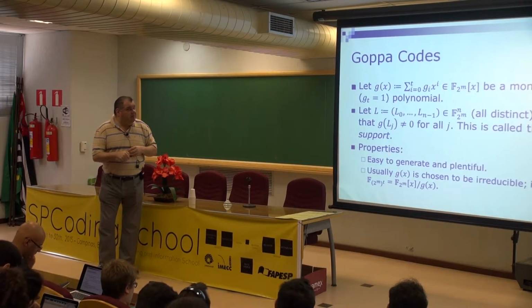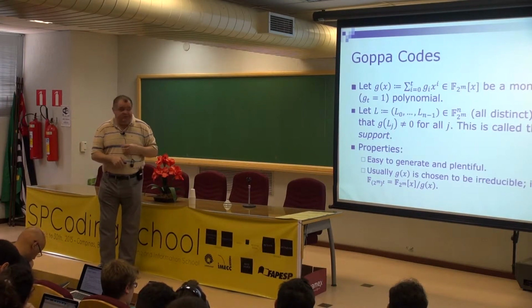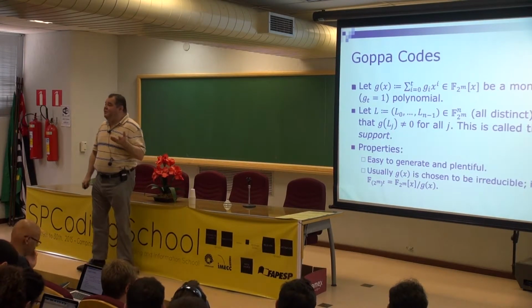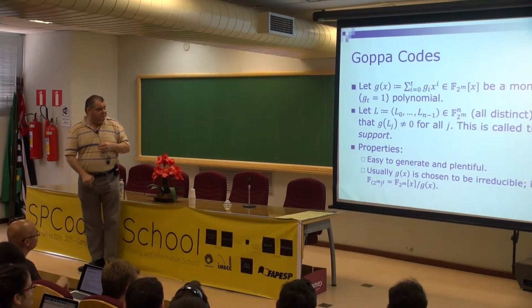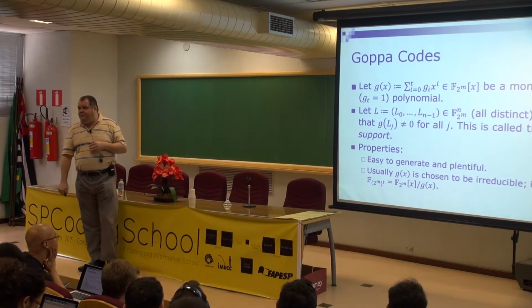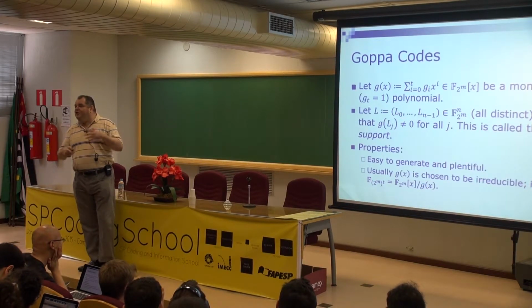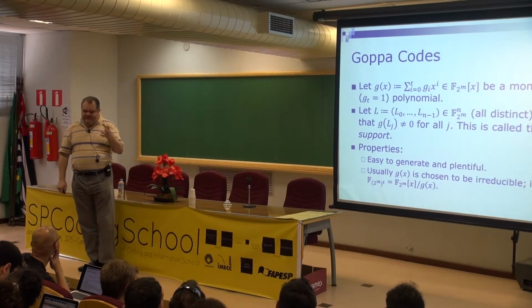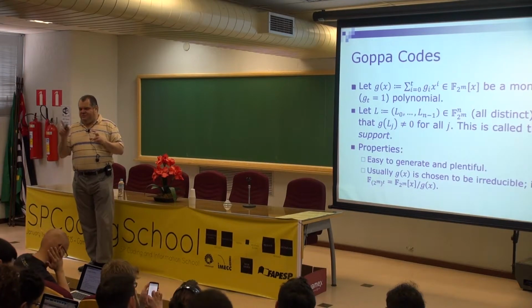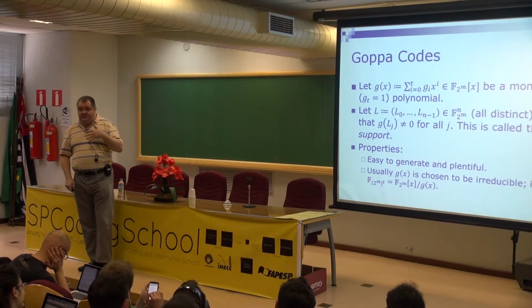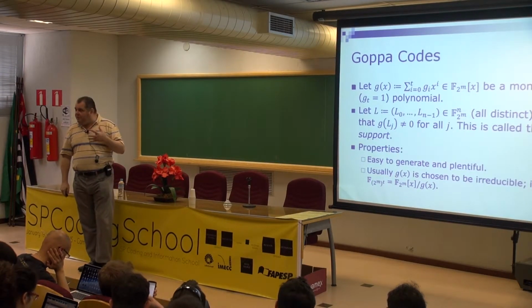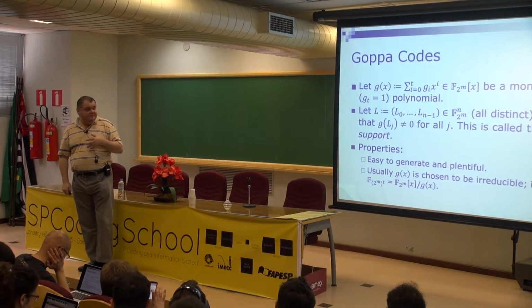So, given a polynomial G and a support L, we already have a Goppa code. So they're easy to generate, quite plentiful. How many polynomials do we have? How many possible supports do we have? An enormous amount. Some choices are equivalent to others, but still the number of distinct Goppa codes is enormous.